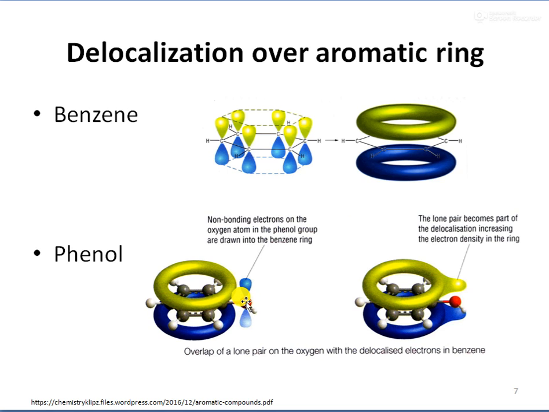In this case, the non-bonding electrons of the oxygen atom in the phenol are drawn into the benzene ring. As a result, the lone pair of the oxygen will become a part of the ring, and this increases the electron density in this region.